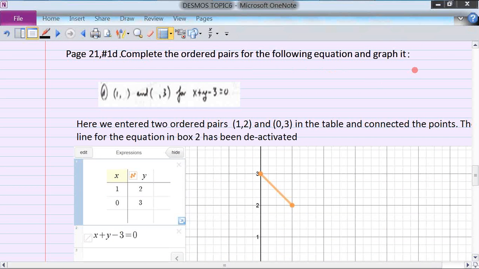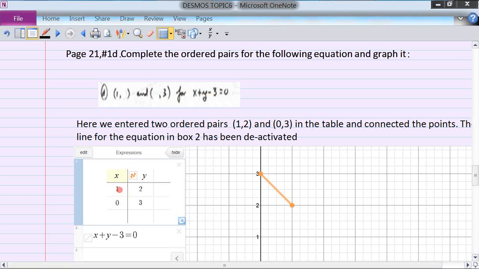21D. Complete the following ordered pairs for the following equation and graph. So here, when x is 1 and we put x equal to 1 over here, y becomes equal to 2. We can solve this: put 1 here and solve for y, and y becomes 2. Similarly, if we put 3 in for y, then 3 minus 3 is 0 and x equals 0.